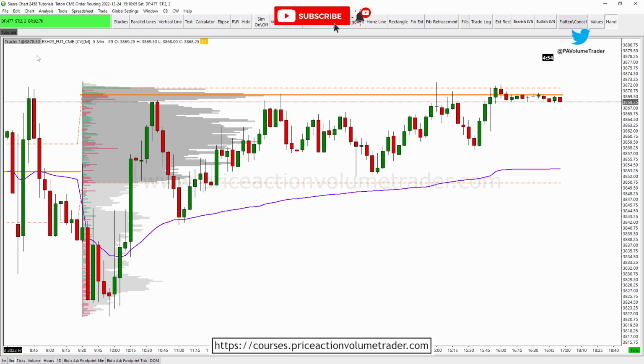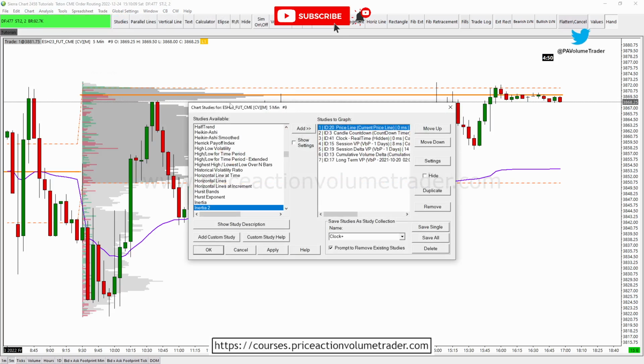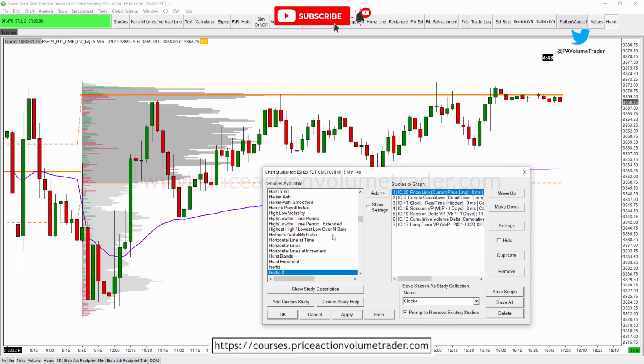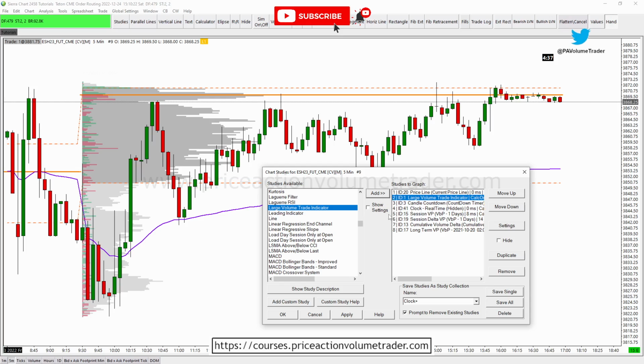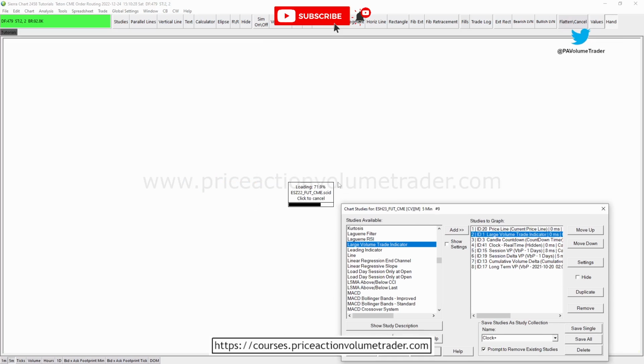So how do we apply it? We go to analysis, studies. We have our list here, and just go to the L and look for large volume trade indicator, add it into your studies, click apply, and you're going to see the chart is going to reload.